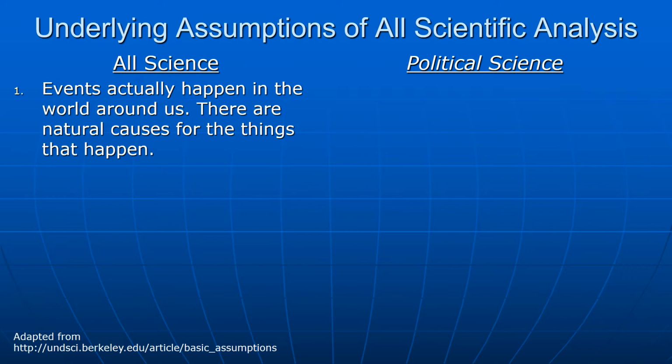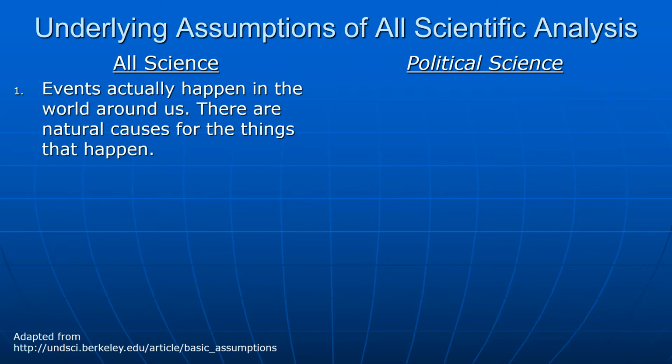That events actually happen in the world around us, that we can see earthquakes, we can see stratification of the landscape, we can see soil erosion, we can observe chemical reactions in a lab, we can observe chemical reactions in the wild. So there are actually events that do happen in the world around us. And when we're talking about the natural sciences, there are natural causes for the things that happen.